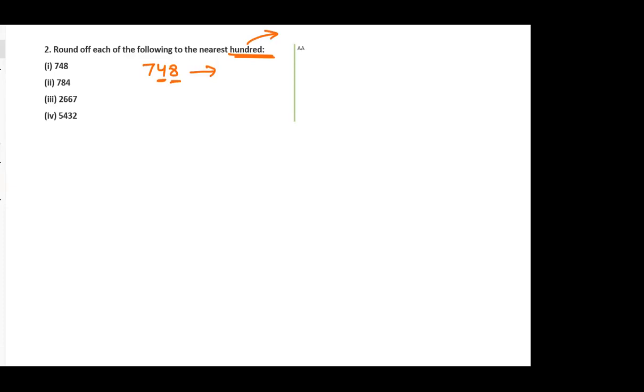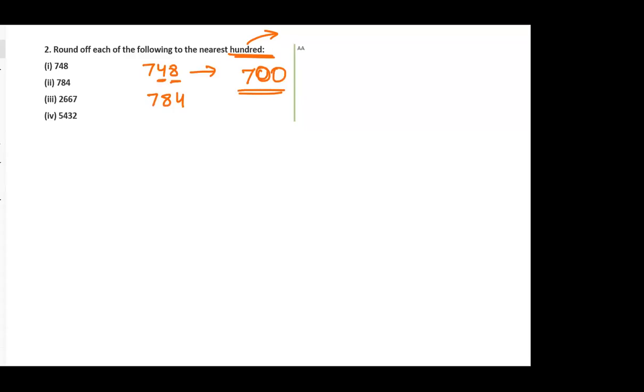So you will make this 8 0 and this 4 also 0. And since 4 is less than 5, that's why we will not add anything in 7. So 700, this is your answer. Now the next question is 784. So now you have to round off this number to the nearest 100.